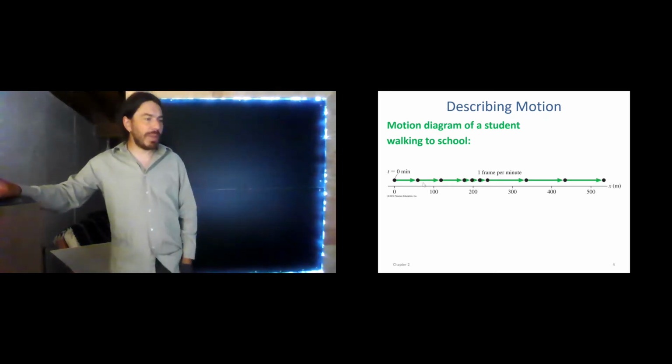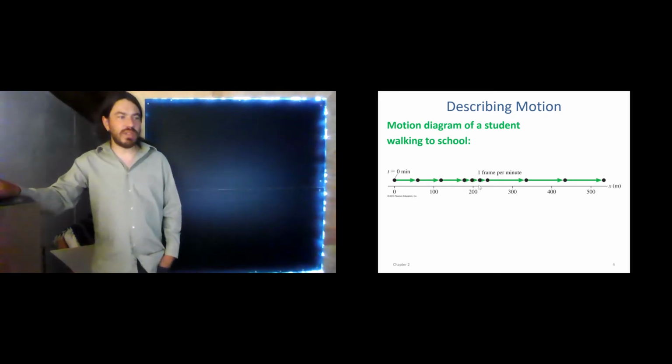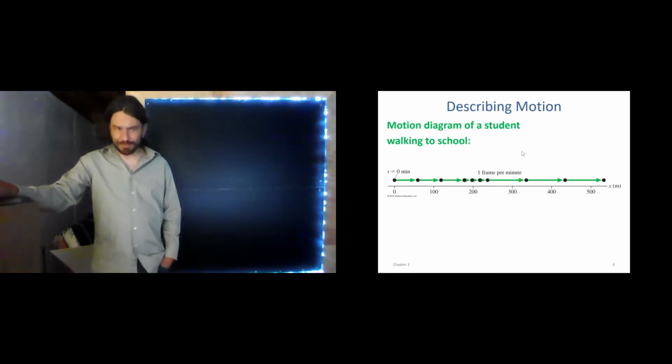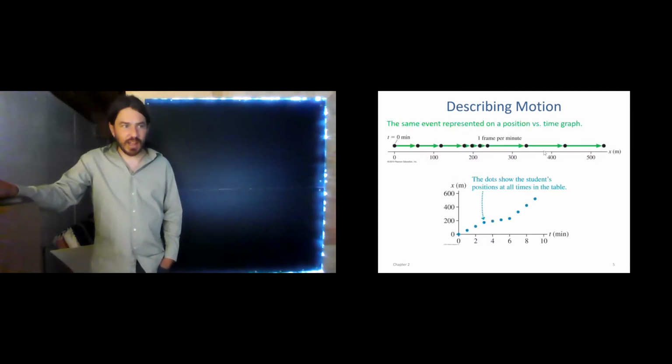Okay, so we've got 3 minutes of moderate pace, 3 minutes of slow pace, and then 3 minutes of a higher pace.